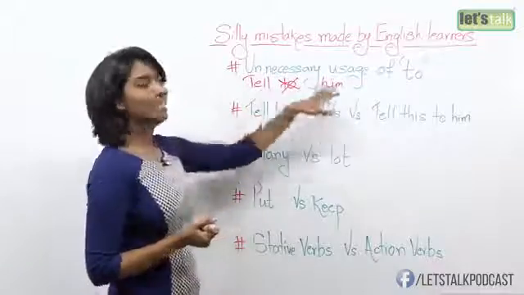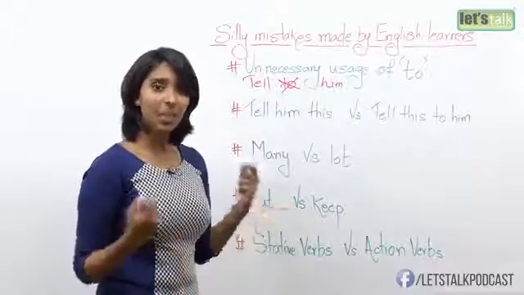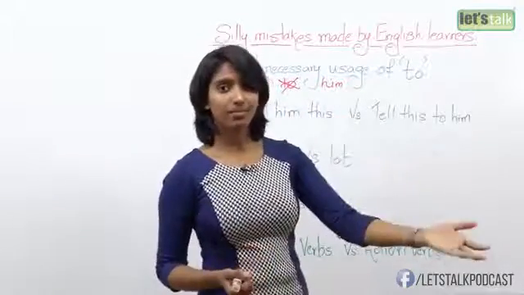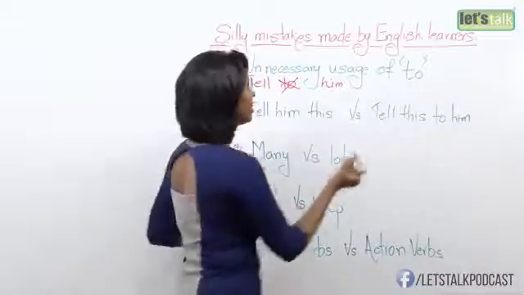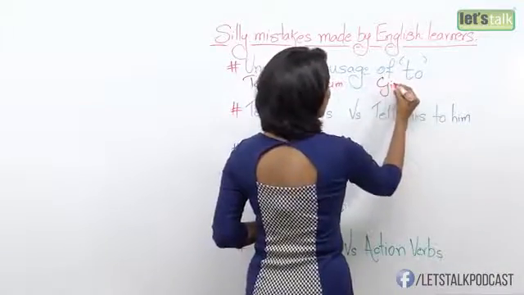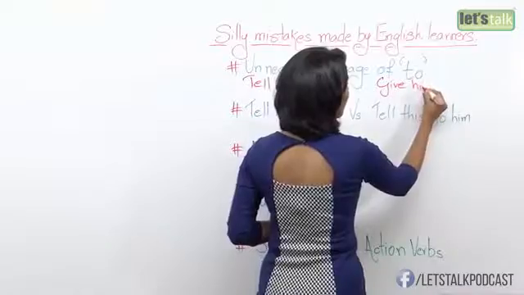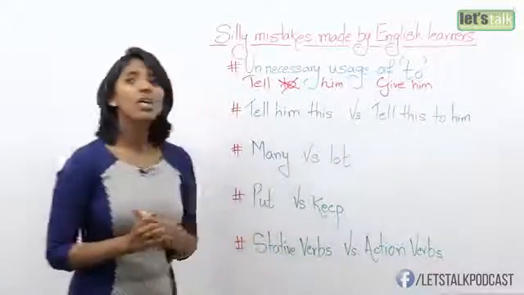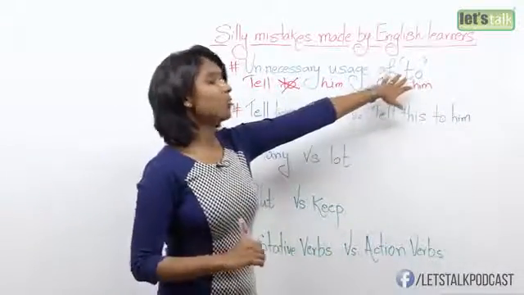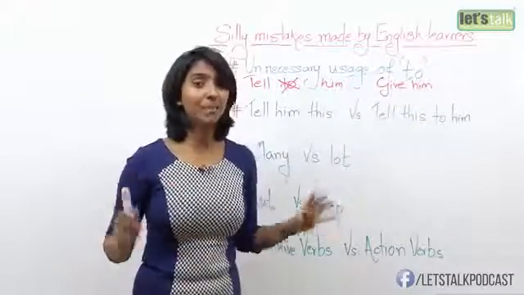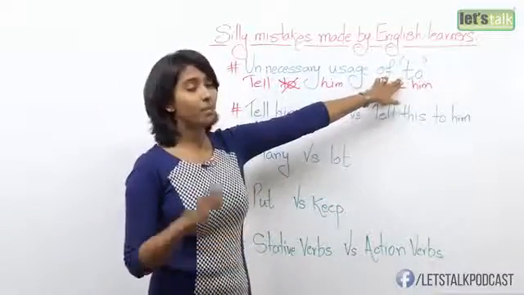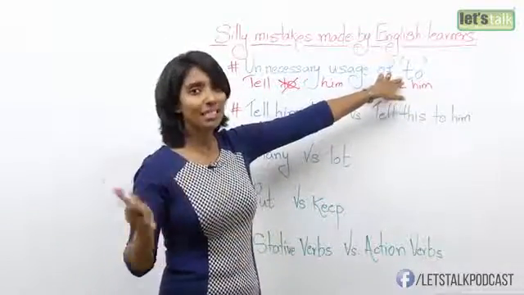You say "tell him". Similarly, they would say "give it to him." No, just say "give him." So avoid using the word "to" unnecessarily because this actually will lead to a lot of grammatical errors.